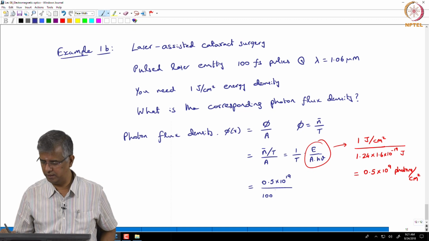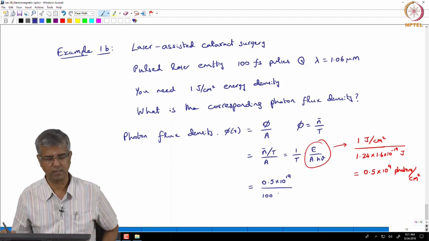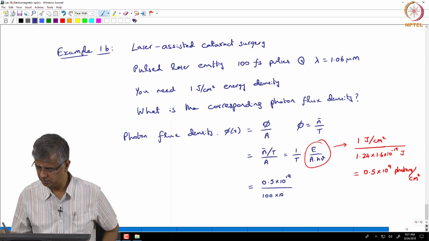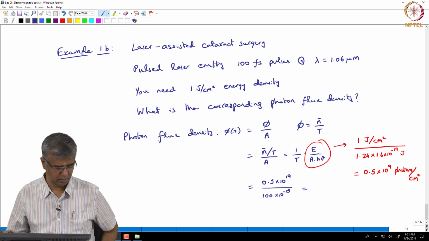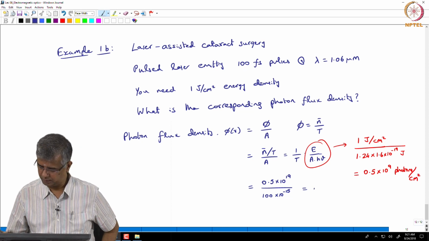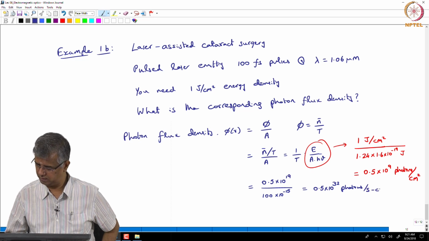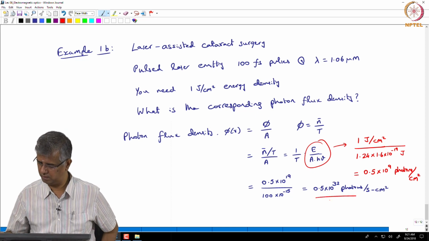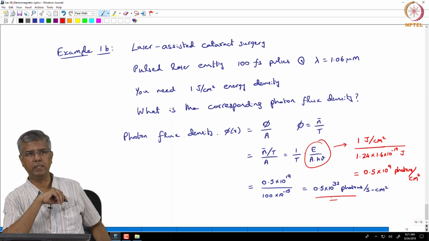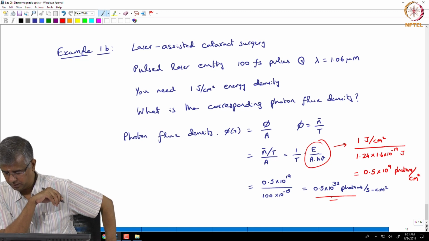The interaction time here is 100 femtoseconds, right. So 100 into 10 power minus 15. So if you do the math, that will come out to be about 0.5 into 10 power 32 photons per second centimeter square. So that's the photon flux density that you need.